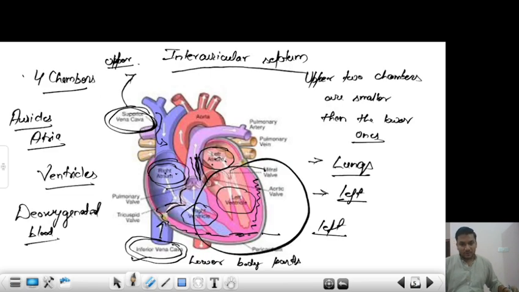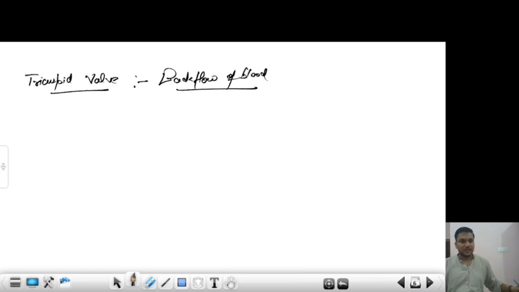Here you can see another valve between the left atrium and left ventricle, which is composed of two flap-like structures, and this valve is known as mitral valve or bicuspid valve.